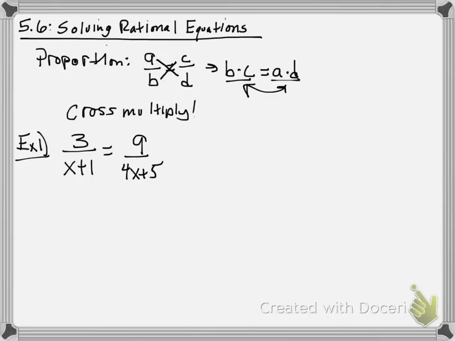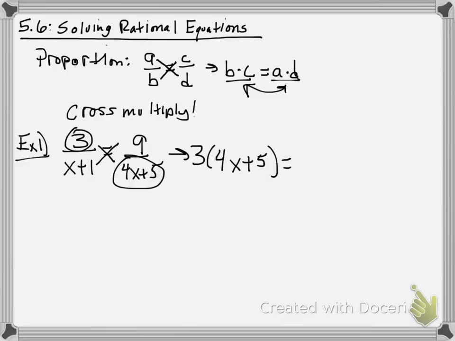I still have just one fraction equal to another fraction, and so that means I can employ the cross multiplication technique. This is going to change into 3 times 4x plus 5. I'm going to multiply the top of the first to the bottom of the second, and that's going to be equal to the bottom of the first times the top of the second, so I'm going to write that as 9 in front of the x plus 1.